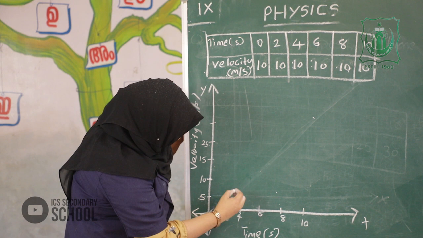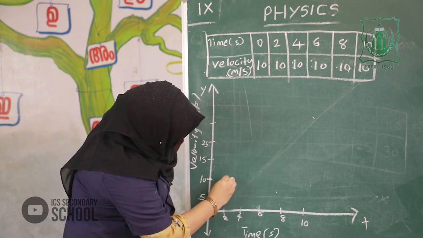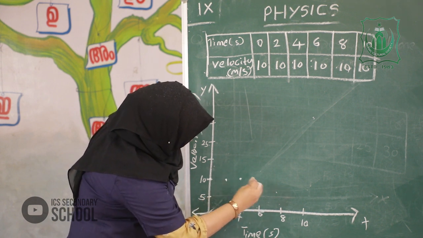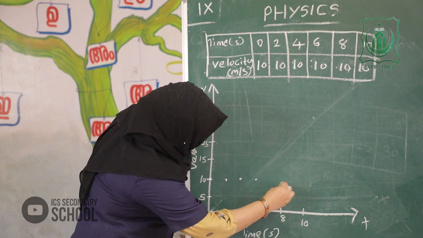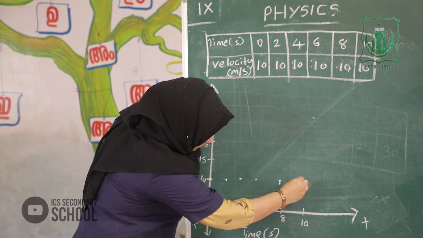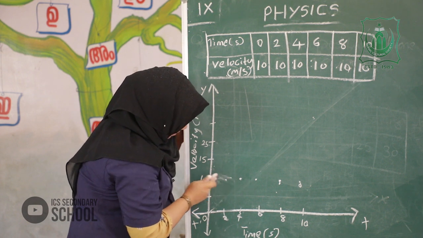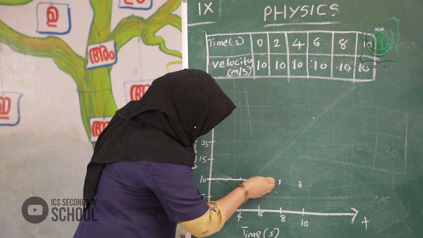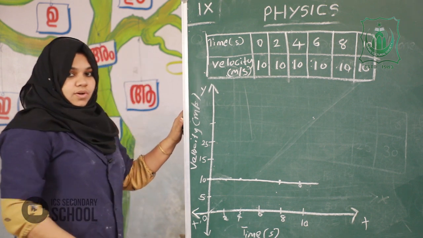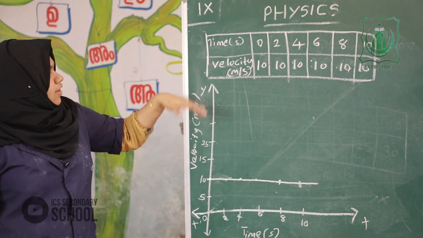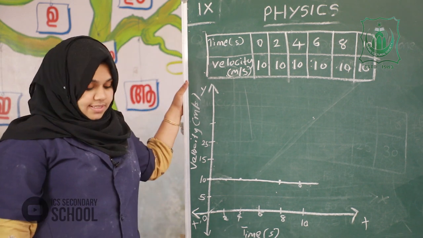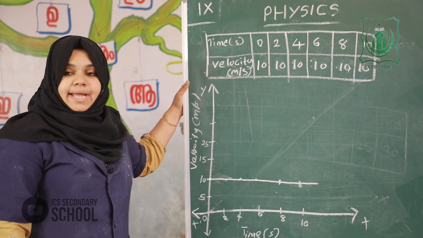That also is 10. Here, the velocity is all the same. So we get a straight line like that. Okay. This is the velocity time graph.